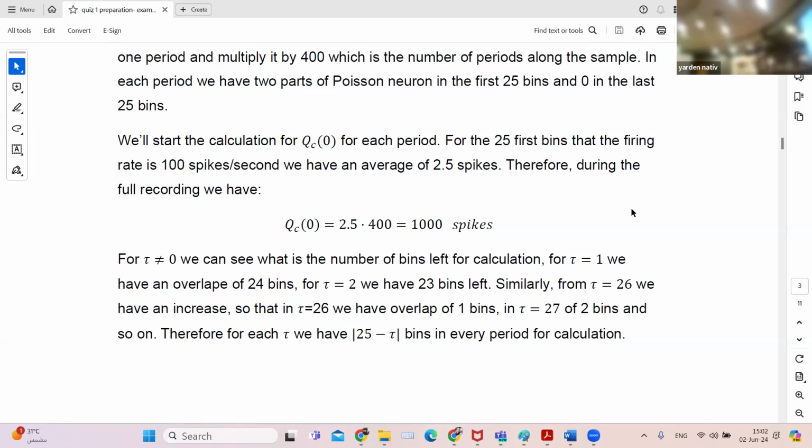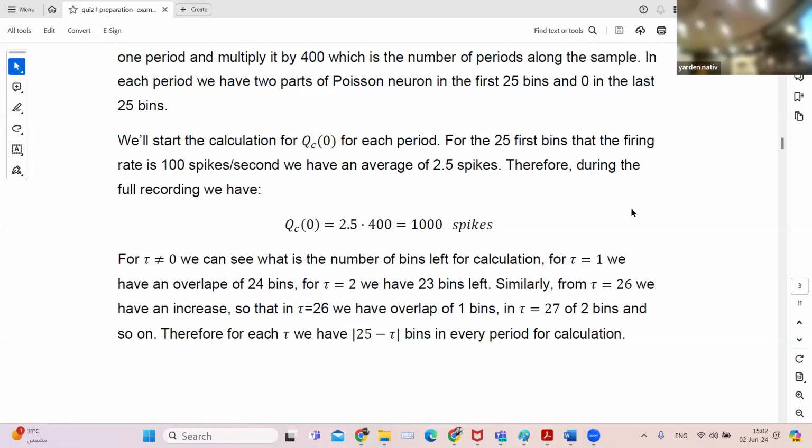There were too many zeros over here, you're right. We're just converting to spikes per millisecond. I'm writing them as a probability instead of a firing rate, because the firing rate represents the probability.